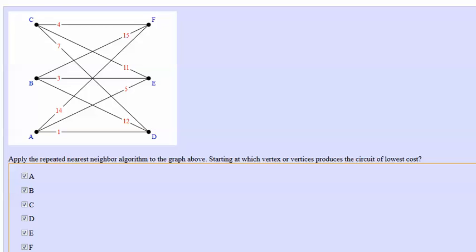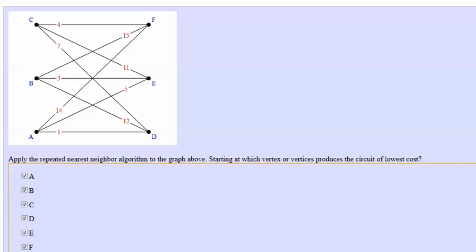From B, it's going to be B, E, A, D, C, F, B for a cost of 35. From C, it will be C, F, A, D, B, E, C for a cost of 36.